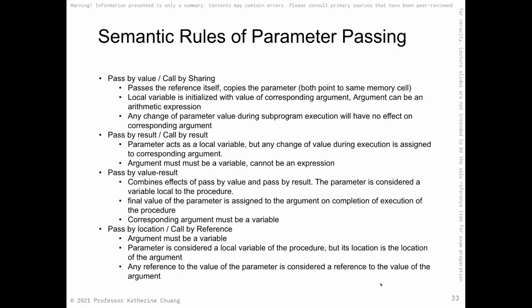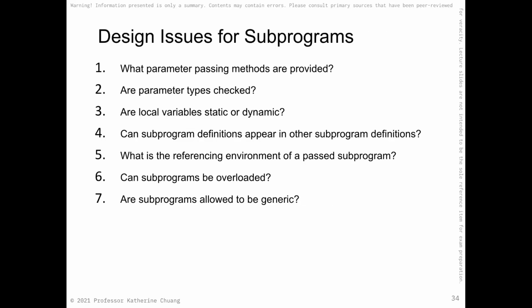And there are semantic rules with that. So here's just a few: pass by value, call by sharing, pass by result, call by result, and so on. And just once again, even though I'm glossing over a lot of the concepts here, it is meant to be an overview of some of the keywords and ideas that are thought about with each of these. So there are some design issues for subprograms.